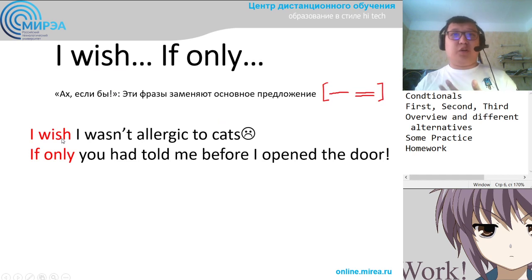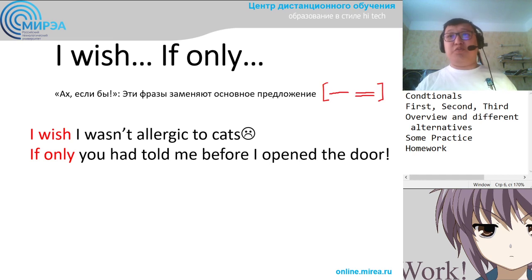So I wish I wasn't allergic to cats. So I'm allergic to cats, but I love cats. I wish I had a cat, but I'm allergic, so I say, if only I wasn't allergic to cats. So I wish I wasn't allergic to cats, and that makes me sad because I am allergic to cats.